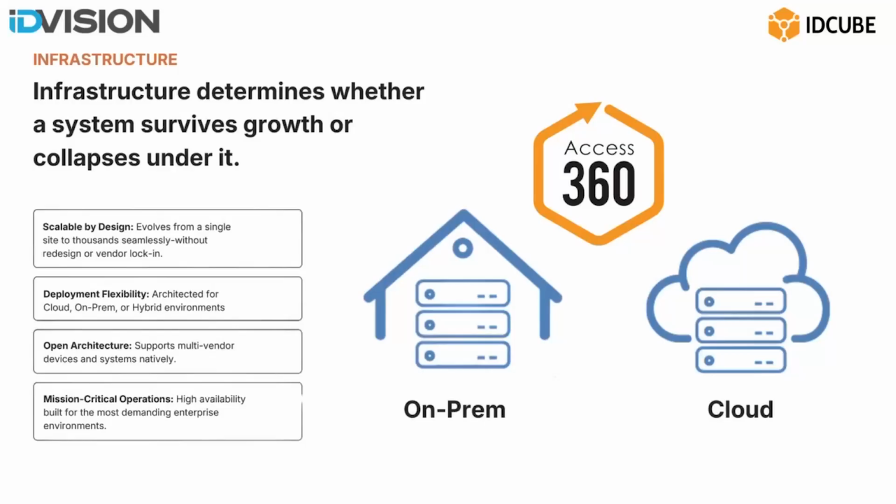We do not limit you to having on-prem or having cloud. You have the flexibility of the deployment of your system. We are open architecture. We integrate with multiple vendors, and we do not tell you what you should or should not have or decide that for you. You are able to design your access control the way you want it.